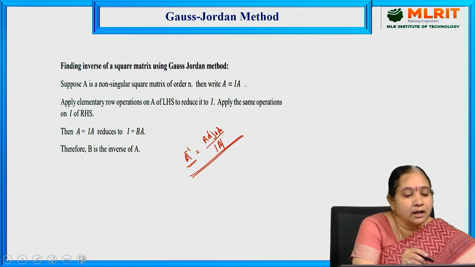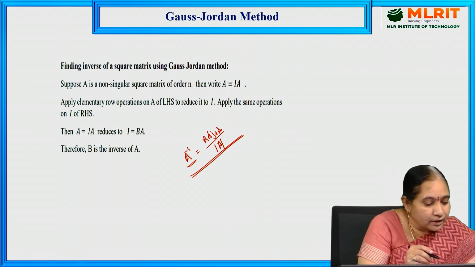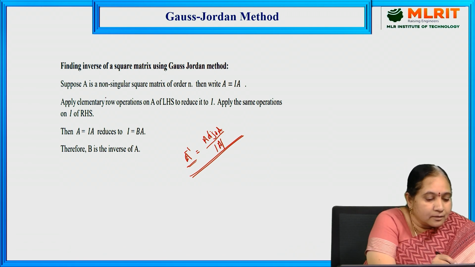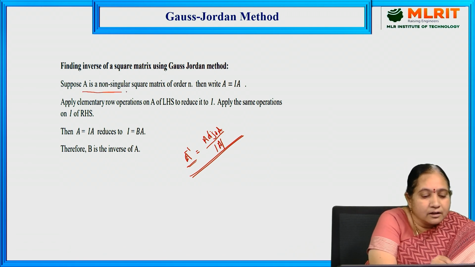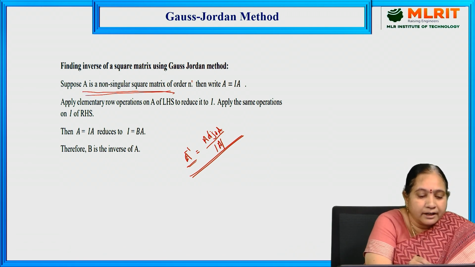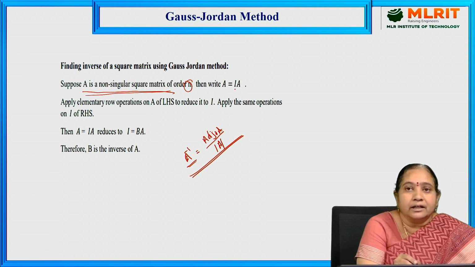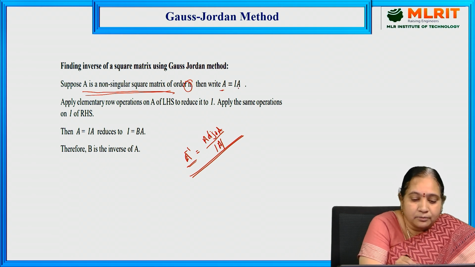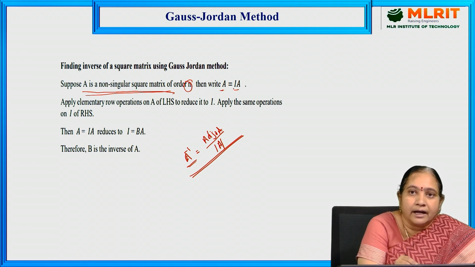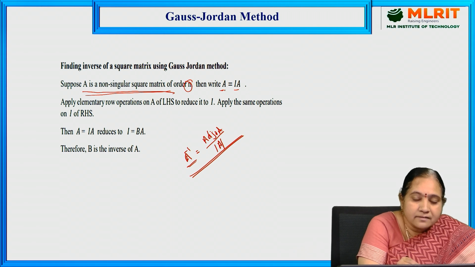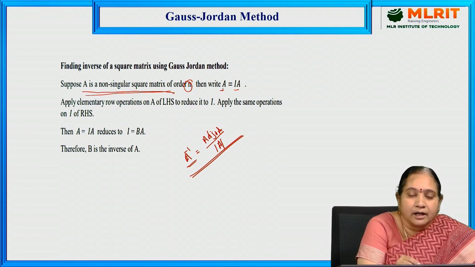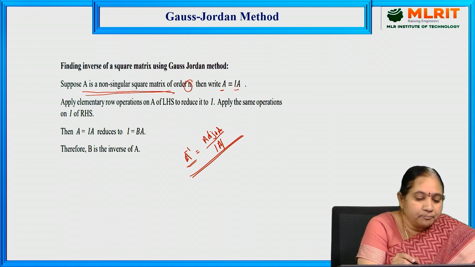Particularly in the Gauss Jordan method, we suppose A is a non-singular square matrix of order n. Then we write the matrix A equals IA. Here I is the identity matrix and A is the given square matrix. If the matrix A is of order n, then we take the identity matrix also of order n.